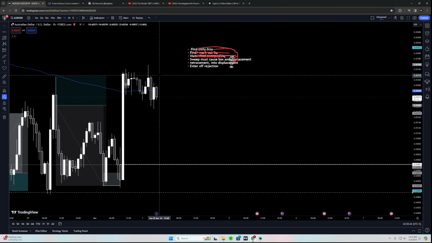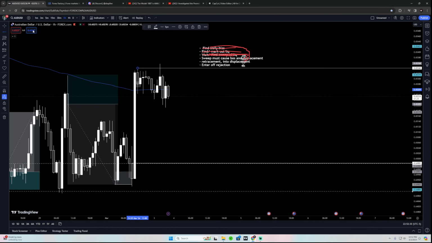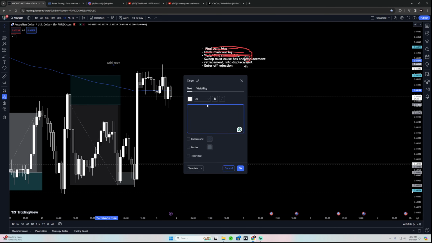After you waited for the sweep, I'm gonna mark this out because I'm doing this with you guys. And I'm gonna make a new text box just for a checklist with daily bias. Is there emojis on here? I don't think there is. Bear.